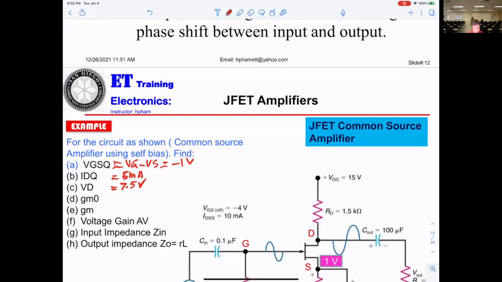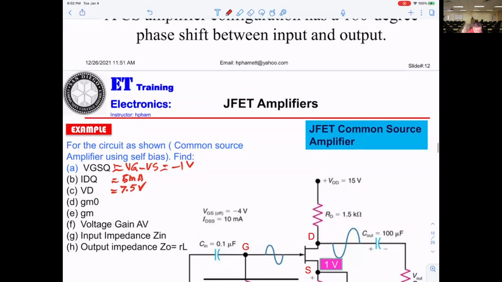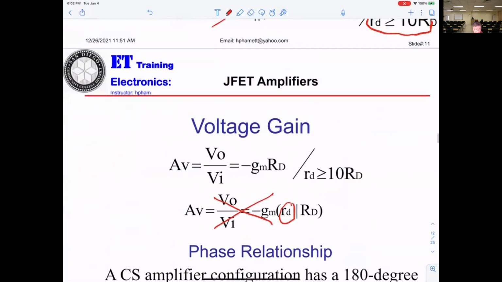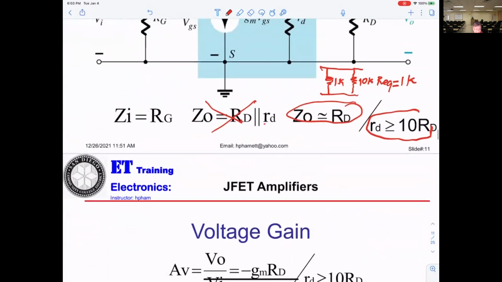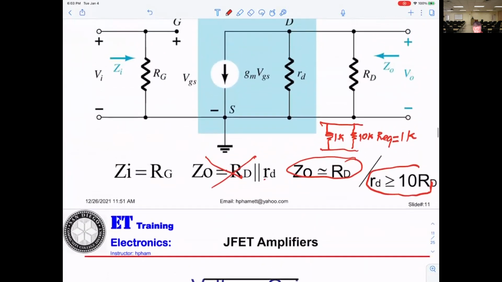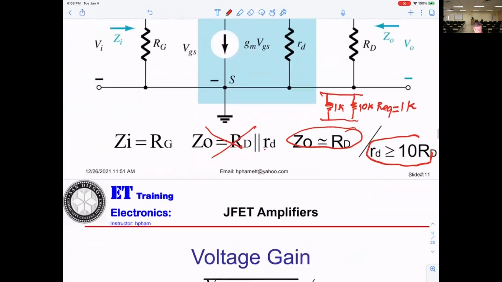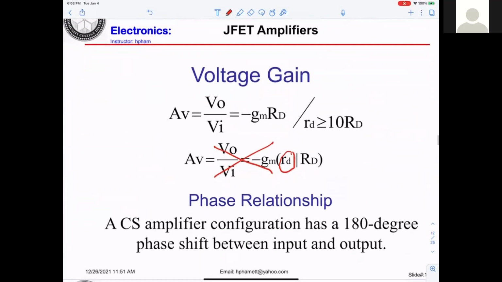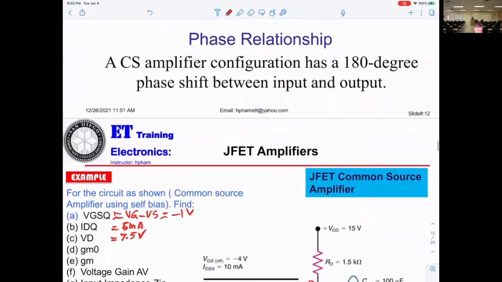Okay, next semester I have to review this JFET, otherwise they will be confusing. The thing I did basically coming from one of the universities. In any case, it's 7.5 volt.